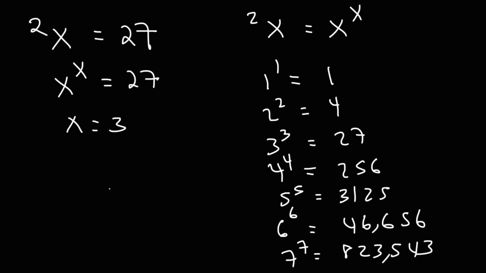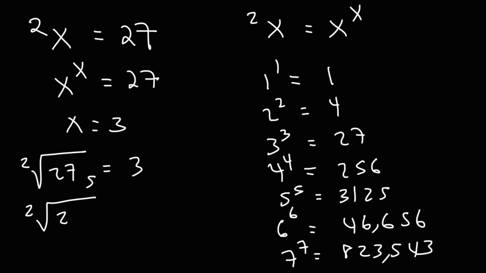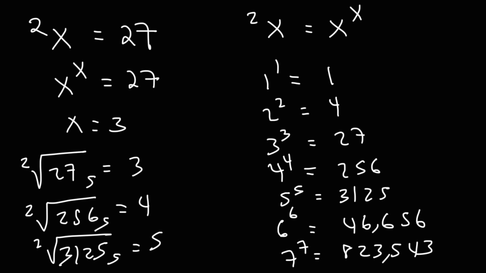So let's say if we want to find the super root of 27, notice the subscript s, that's going to equal 3. If we want to find the super square root of 256, that's going to be 4. The super root of 3125 is equal to 5, because 5 to the 5th power is 3125.